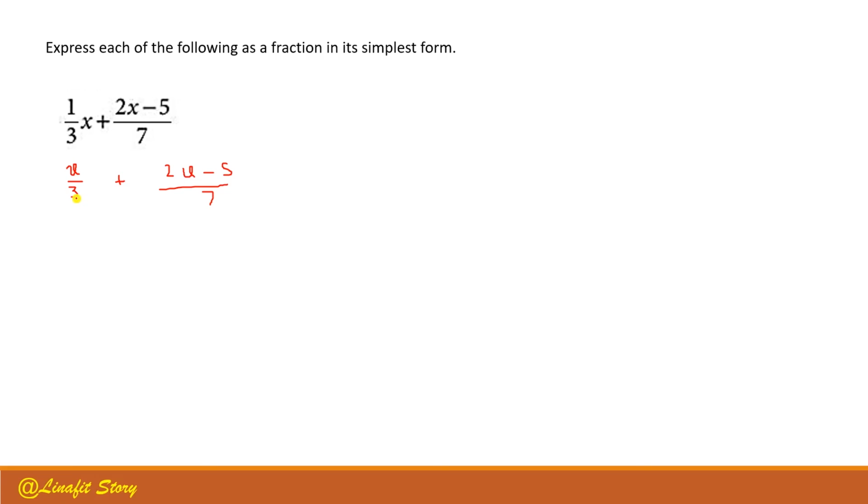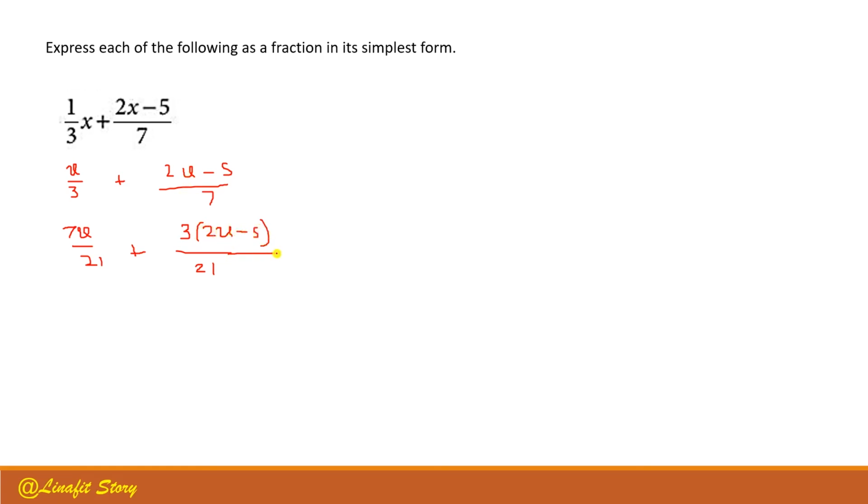Now the denominator becomes out of 21. 3 times how many is equal to 21? 3 times 7. Do the same to the top. So 7 times x is equal to 7x. And then here 7 times how many is equal to 21? 7 times 3. Do the same to the top. So 3 times open bracket 2x minus 5.